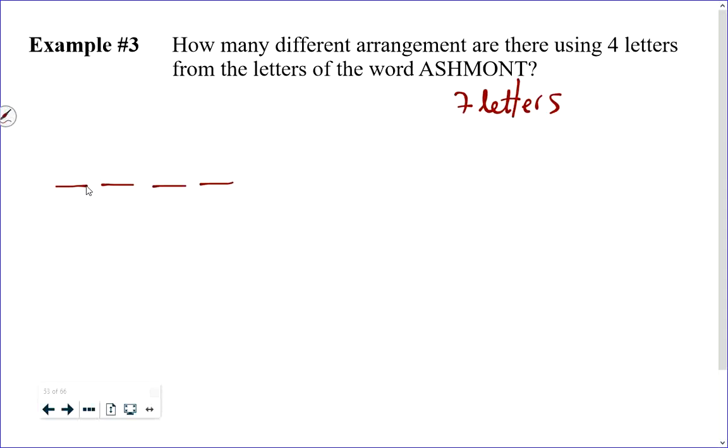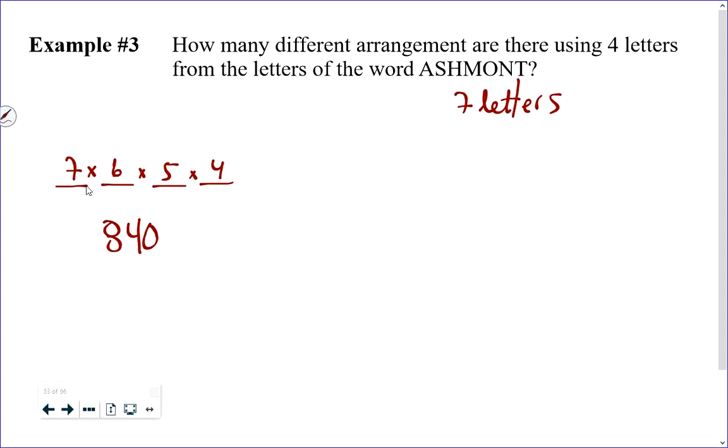In other words, everybody, how many different 4-letter arrangements do I have? Well, 7 times 6 times 5 times 4. 840. So that's using the fundamental counting principle.